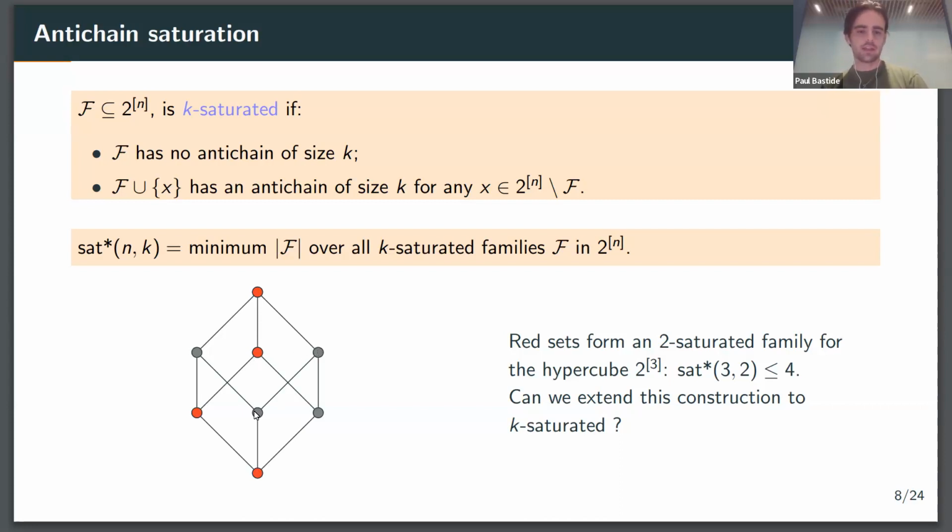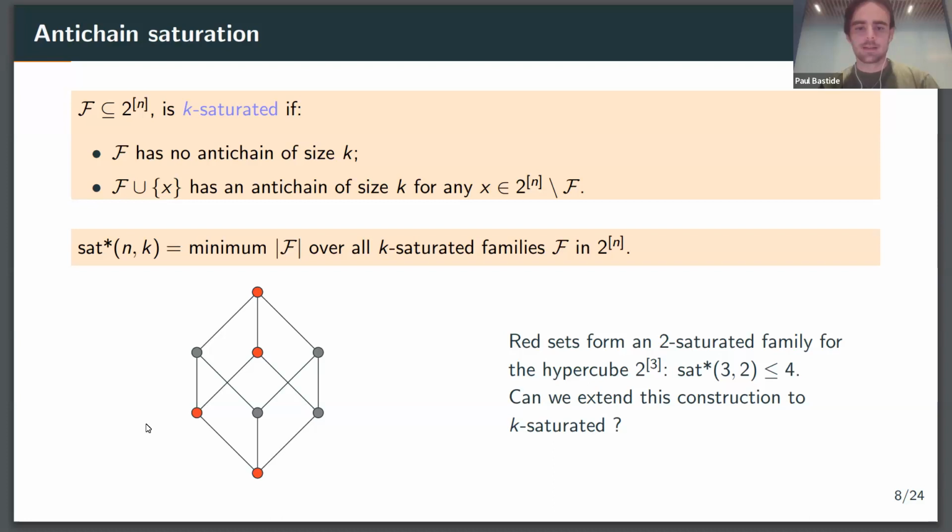But for any element that you add, it starts containing an antichain of size 2. It's quite easy to see because for any element that you add, it will be in the same layer with another element. So that will form an antichain of size 2. Yeah, and so this example just shows already that sat(3,2) is at most 4 because this family is of size 4.